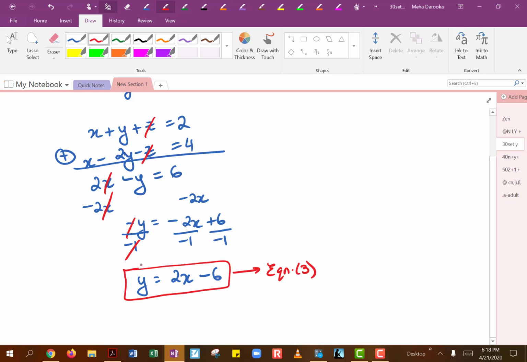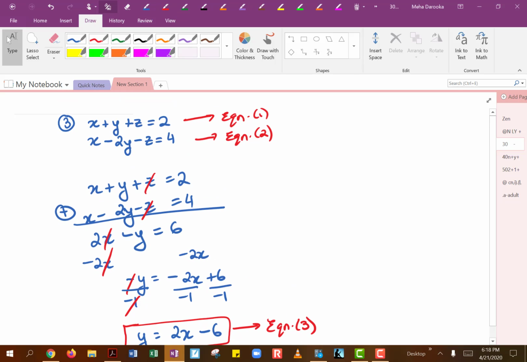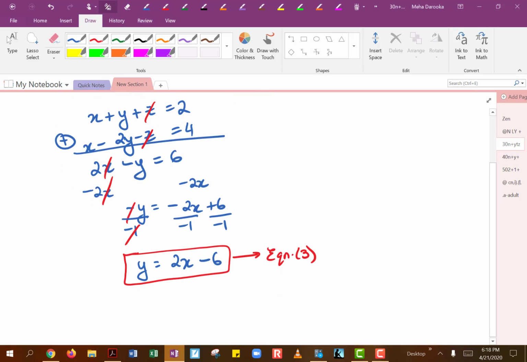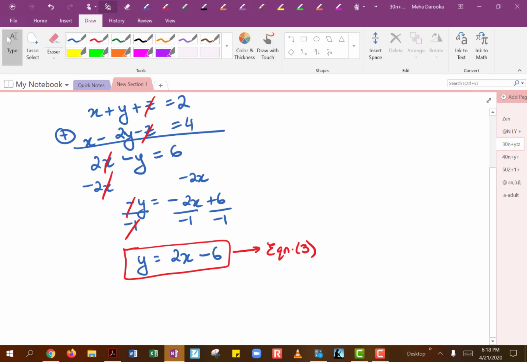Because this is a system with two equations and two variables, to find our system's solution we are going to need to substitute this into either the first or the second equation.